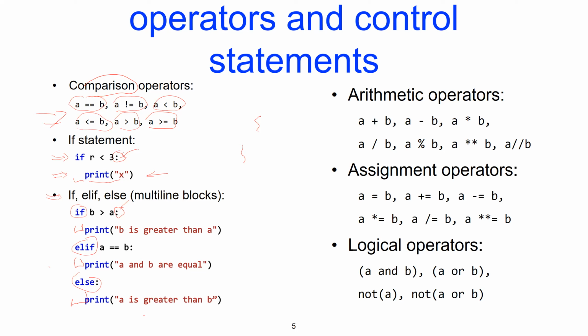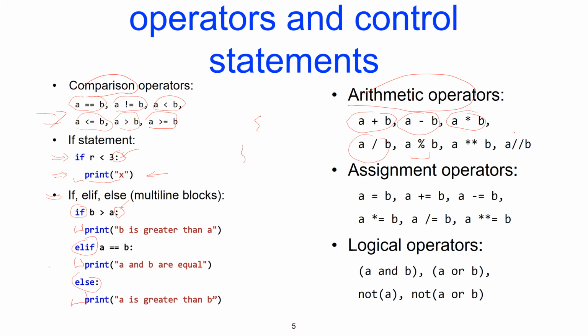Then we also have the arithmetic operators. Of course, this I don't need to mention. This is a summation, this is a difference, this is a multiply, this is a division. Probably some people know this is a remainder, the mod.